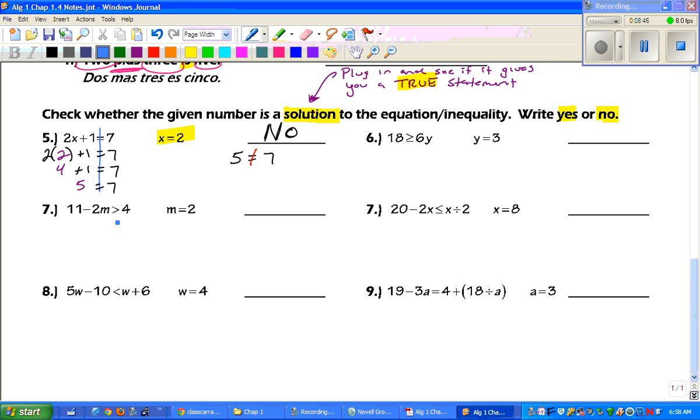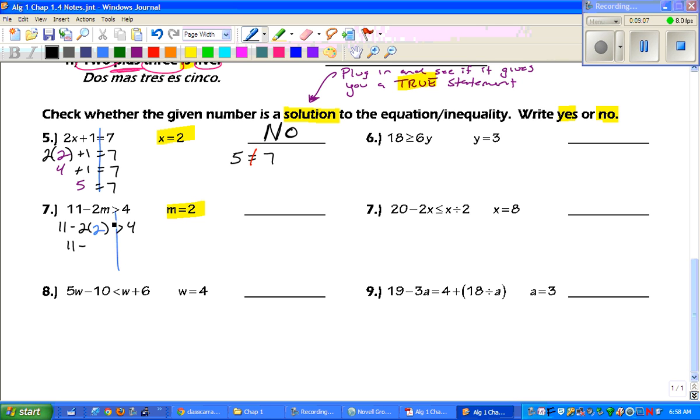Okay, let's do our next one. I'm going to draw the line down the middle. We know that m equals 2. So now I'm going to start plugging in. 11 minus 2 greater than 4. M is 2.